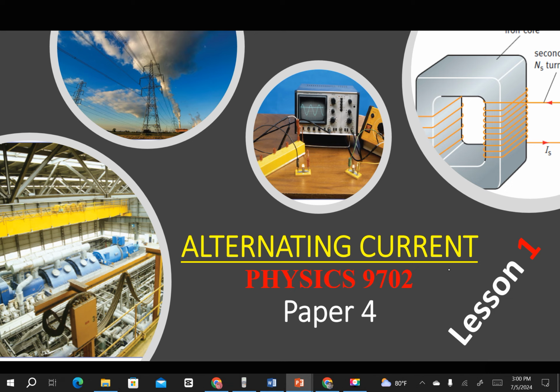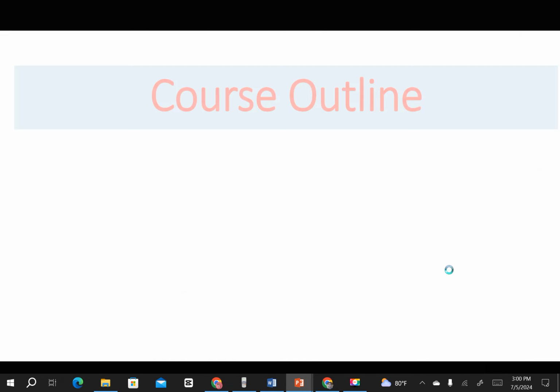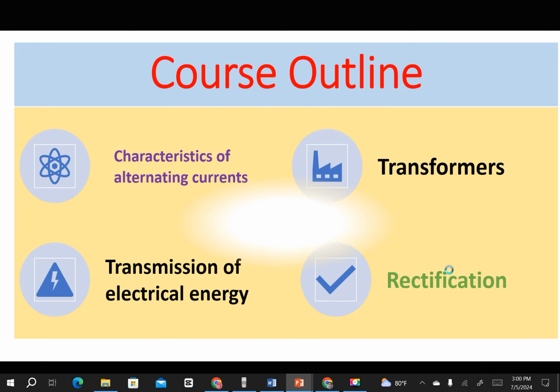So without wasting time, I would like to take you to what we really expect to cover in this unit. This is the course outline of this topic. We expect to explore characteristics of alternating current. When we talk about characteristics of alternating current, we may talk about peak values, root mean square values, and so on and so forth.